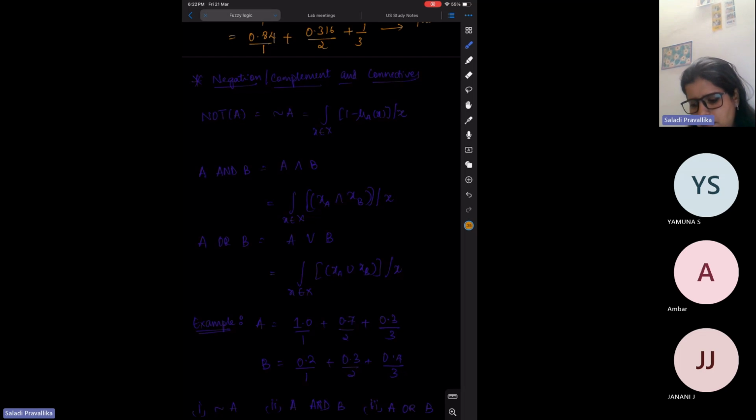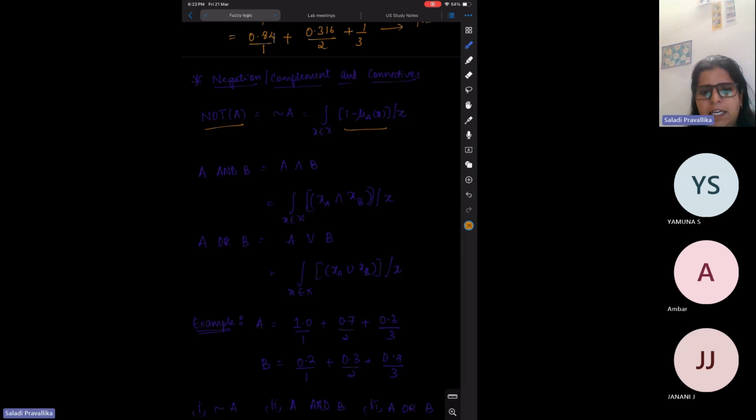Similarly, here we have not A. So we take the complement of A, and we write it as 1 minus μA of x for a given x. So that is a negation or a complement.